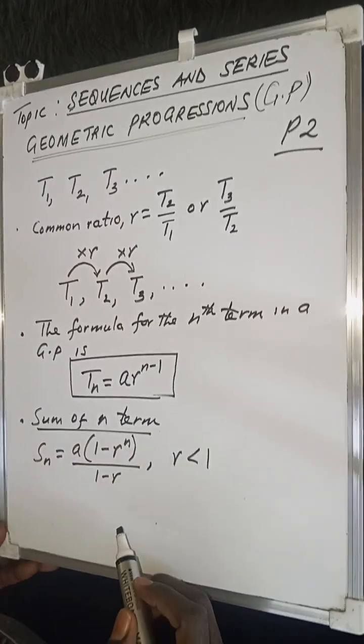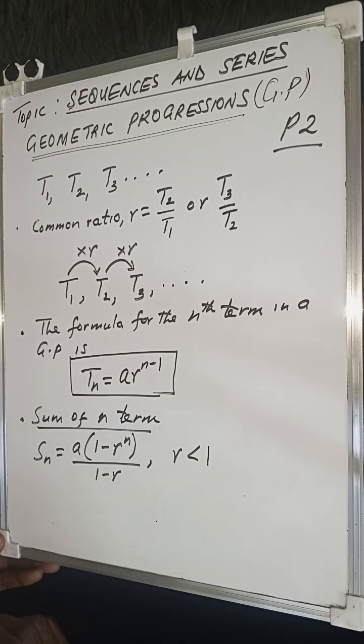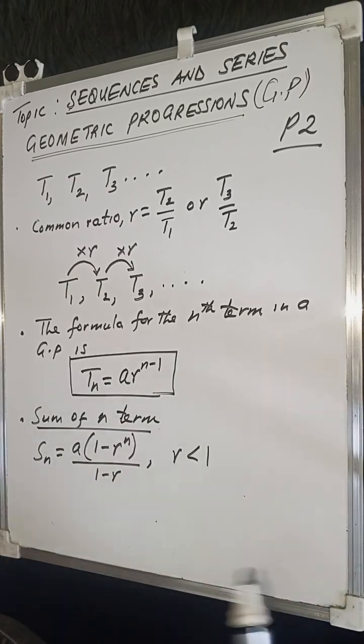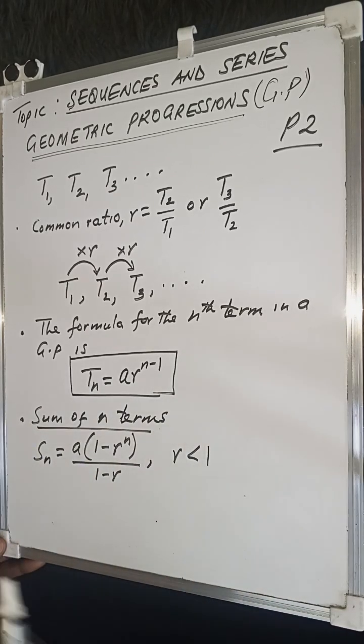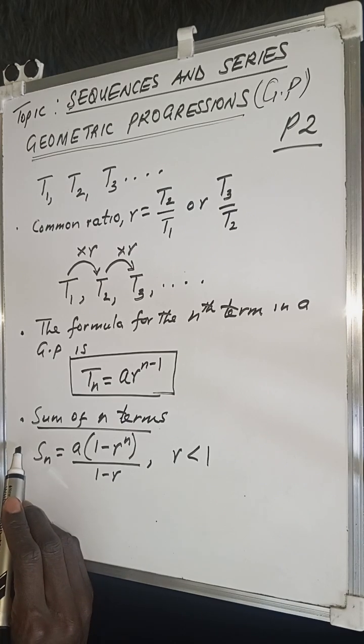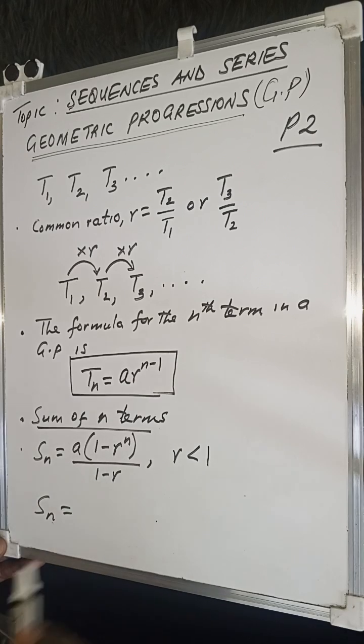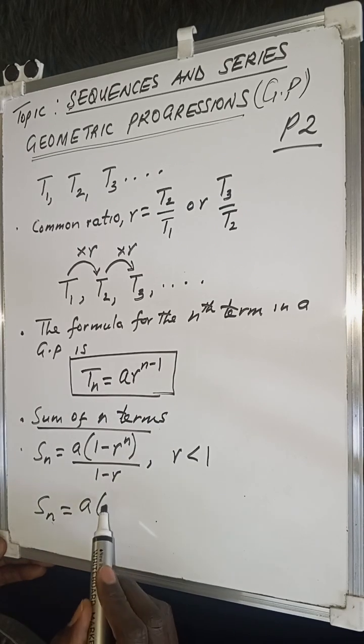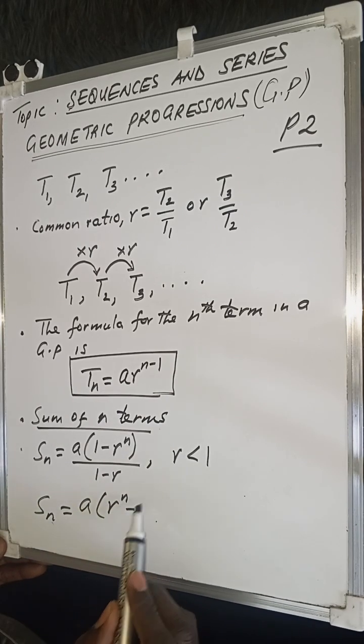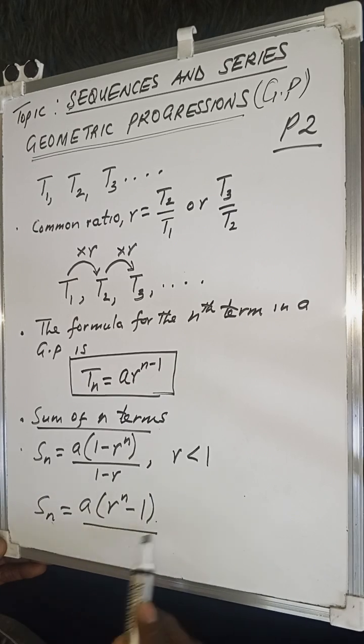As long as our common ratio is less than 1, you can use this formula to find the sum of n terms that you have.